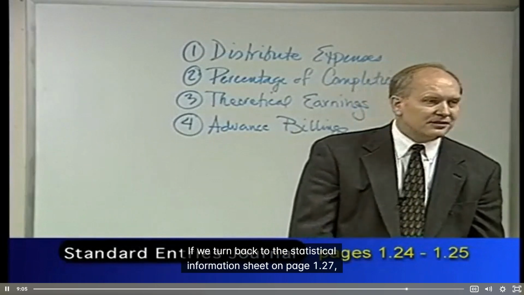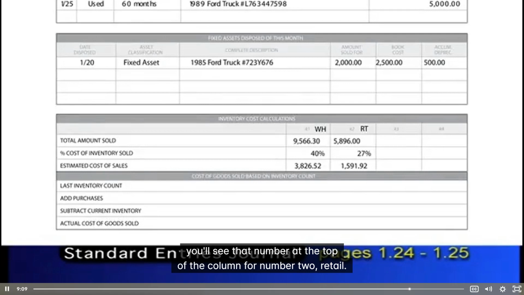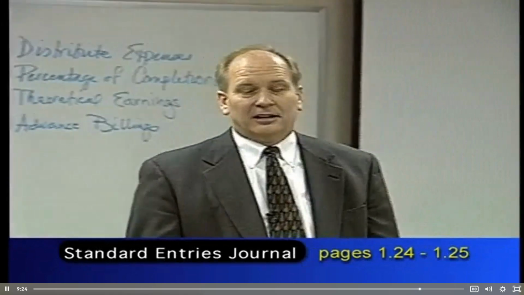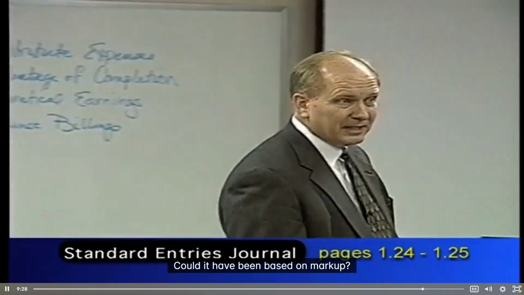If we turn back to the statistical information sheet on page 127, you'll see that number at the top of the column for number 2 retail. Do you see that? Now, underneath that, it shows percentages. How did we arrive at the 40% or 27%? What may have been based on? How about markup? Could it have been based on markup?